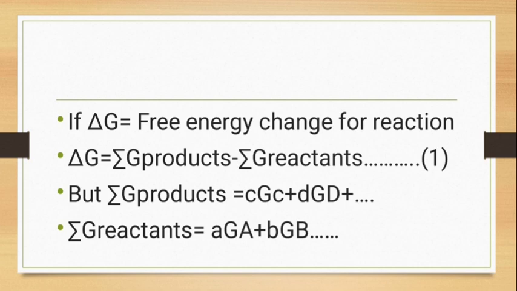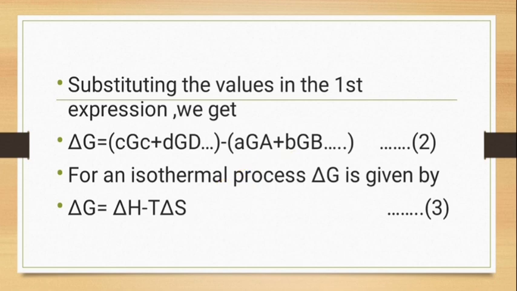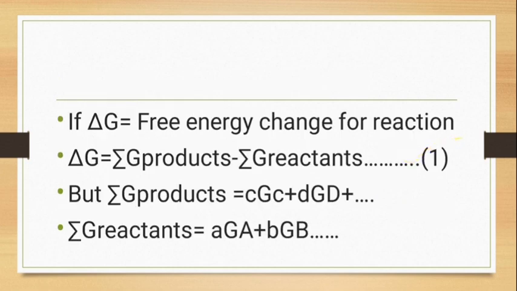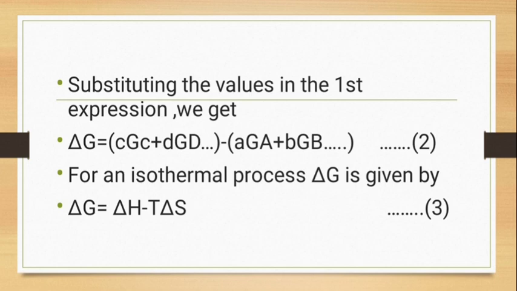Ga and Gb are the Gibbs free energies of the reactants A and B, and small a and b are the number of moles of capital A and B. Then substituting the values in the first expression, we get delta G is equal to (cGc plus dGd) minus (aGa plus bGb).